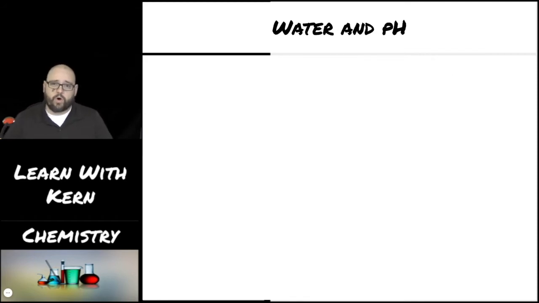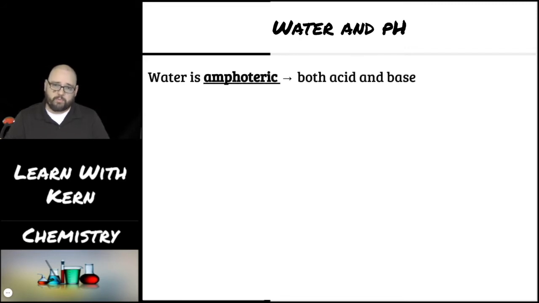So now let's talk about water for a minute. Since most of these solutions are always going to be in a water solvent, and so water is the solvent, we're dealing with aqueous solutions, so we need to deal with water and the pH of water for a little bit. So remember, water is amphoteric, which means it can act as both an acid and a base.